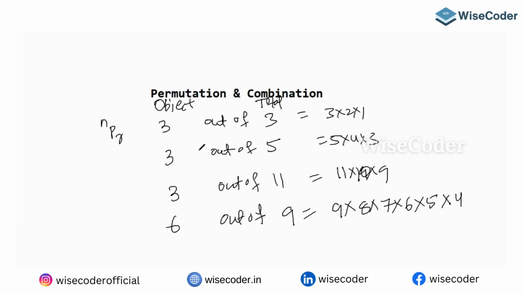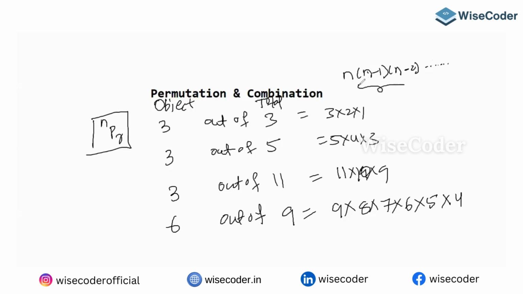So to generalize this particular idea, guys, we are not yet covering how the formula is developed, but how nPr actually comes into the picture. The number of ways of arranging r objects in a row out of n distinct objects would be n into n minus 1 into n minus 2 and so on.